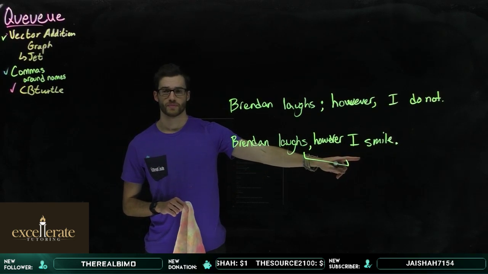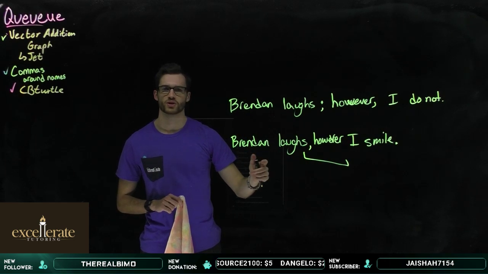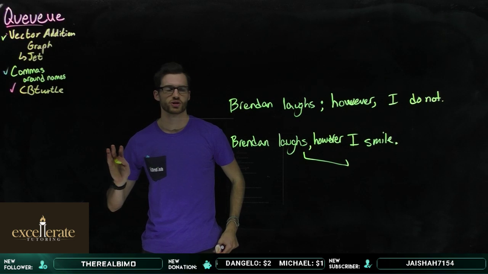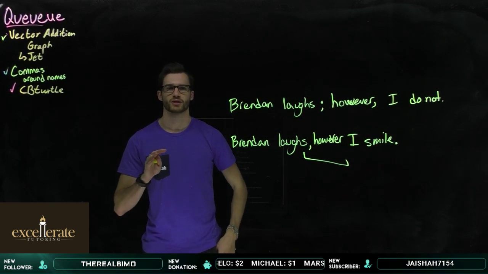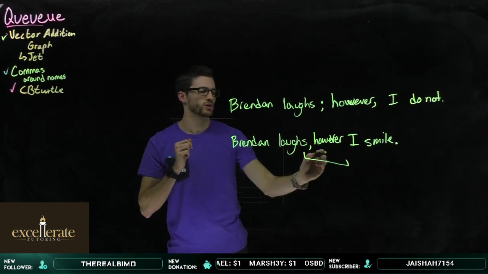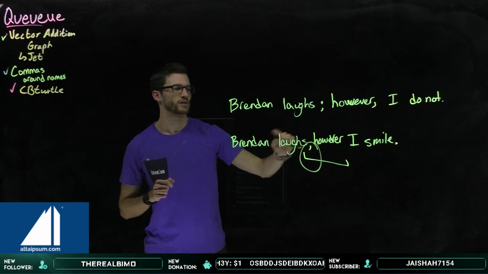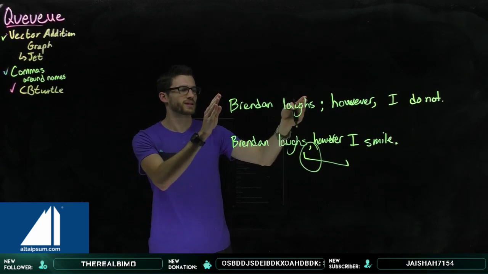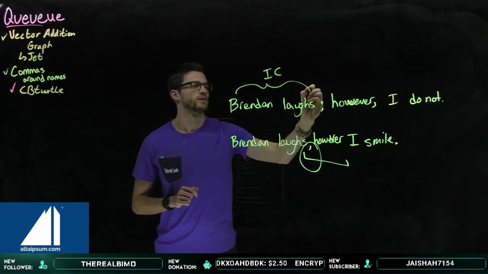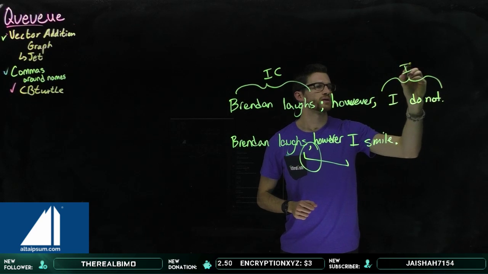Here, no. It doesn't. That's not what however does. However is a transition word contextually. It doesn't change anything. It's an additional, kind of non-essential part of a sentence. So this is no good. This is still a comma splice here because these are two independent clauses. Here, we have Brendan laughs, independent clause, and then here we have our independent clause.